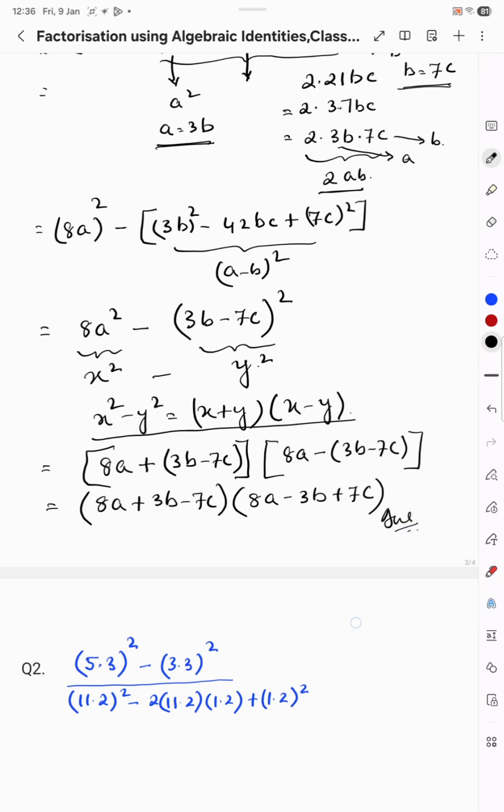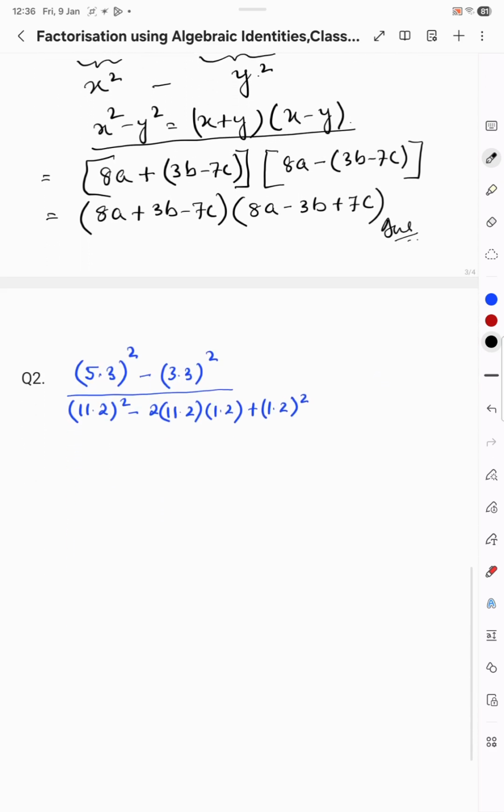Let's go to the last question. Okay, so we have 5.3 whole square minus 3.3 whole square divided by 11.2 whole square minus 2 into 11.2 into 1.1 plus 1.2 whole square.